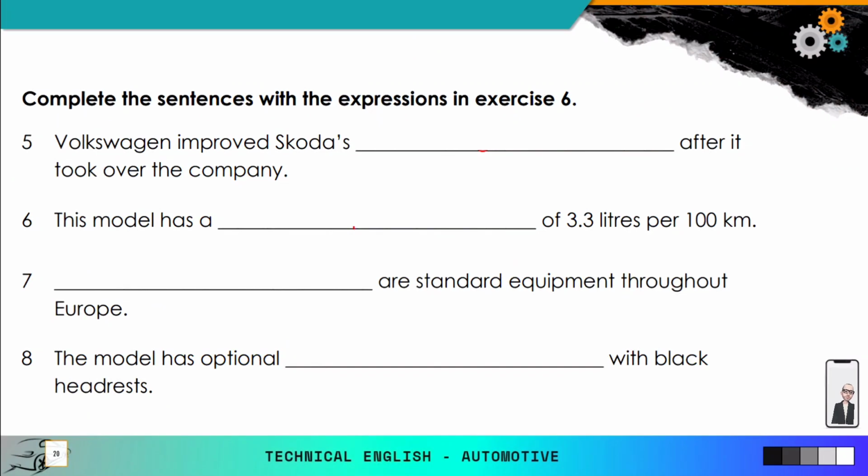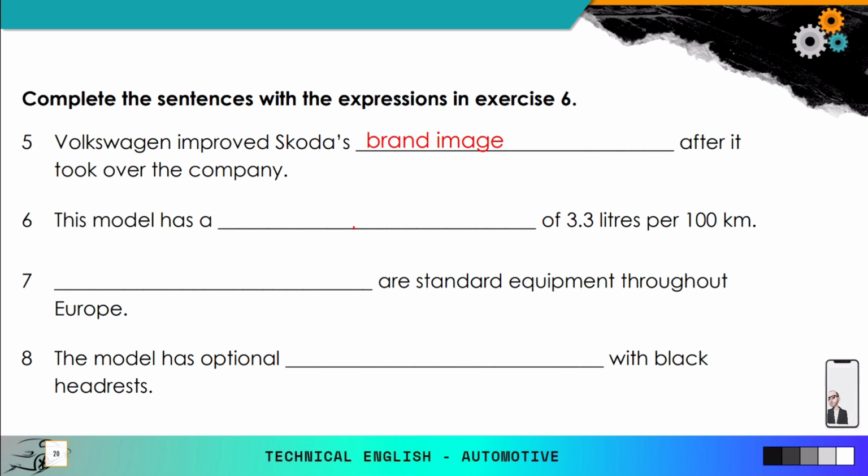Right, Volkswagen improved Skoda's brand image after it took over the company. So this is how people thought of Skoda, and this is brand image. This is just a sample sentence. Some people might not agree with it, but just so that we use the expression brand image.